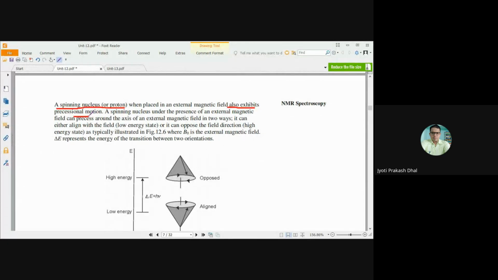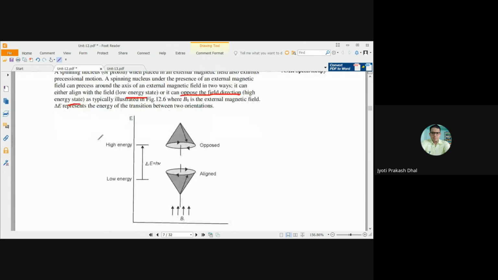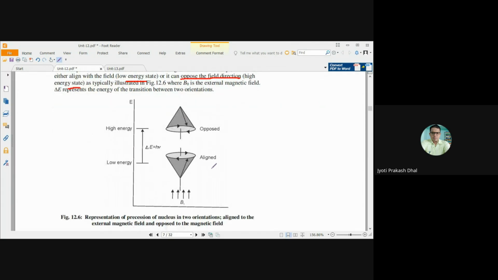A spinning nucleus in the presence of an external magnetic field can precess around the axis of the external magnetic field in two ways. It can either align with the field, which possesses a lower energy state, or oppose the field direction, which possesses a higher energy state, as typically shown in this figure.